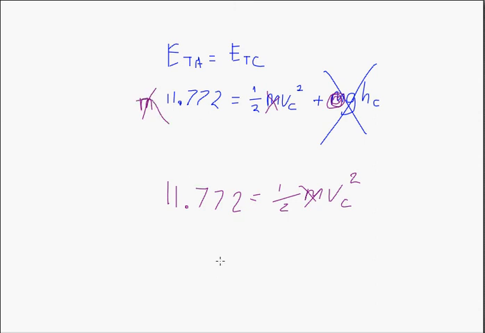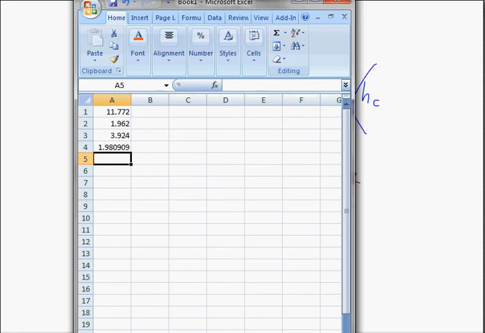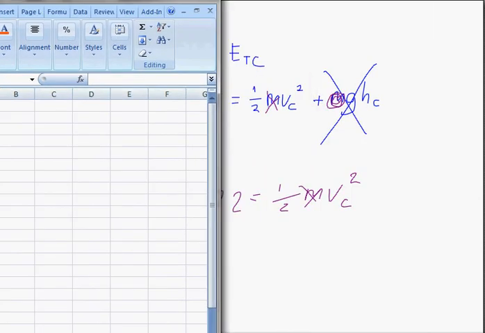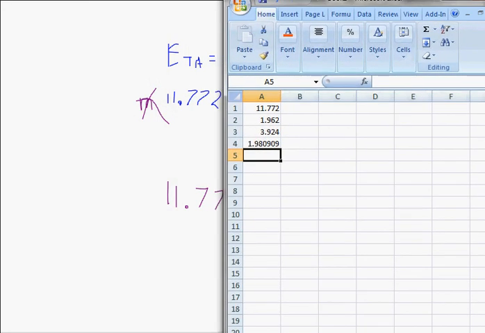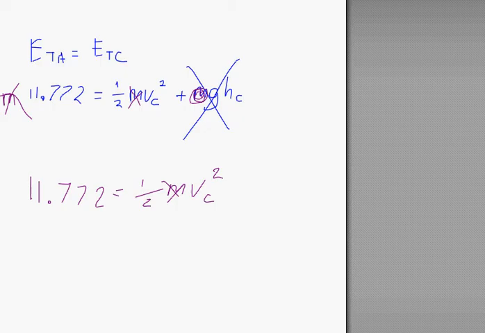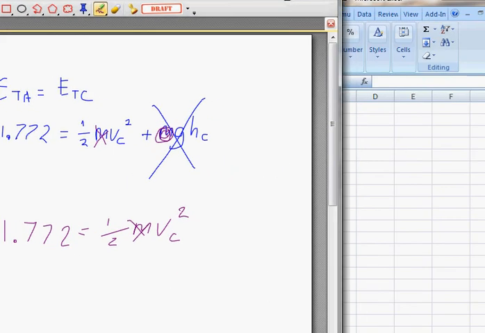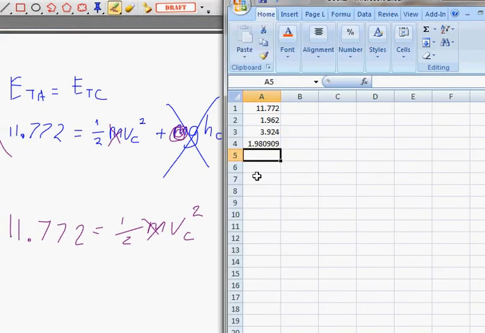Okay, so we're ready to rock. I'm ready to do some Excel calculations again. So I'll put it right here. I'm just going to start right here. I've got 11.772.